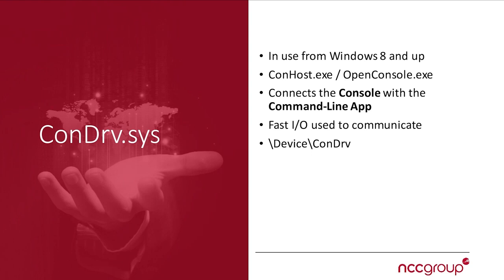So we were thinking maybe we can sniff those IOCTLs in the kernel and get the data from there. So anything that is written on the console, either input or output, should go through that driver device, and we should be able to get that data.